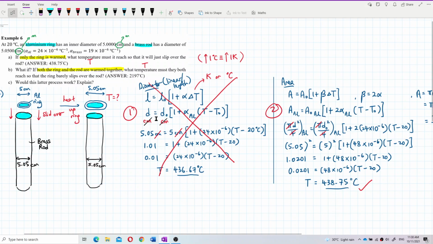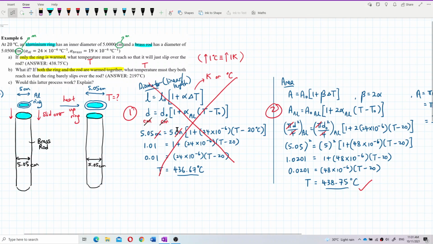Definitely, because what's important is that the inner area of the aluminium needs to be equal to the cross-sectional area of the brass rod before the aluminium ring can pass through.